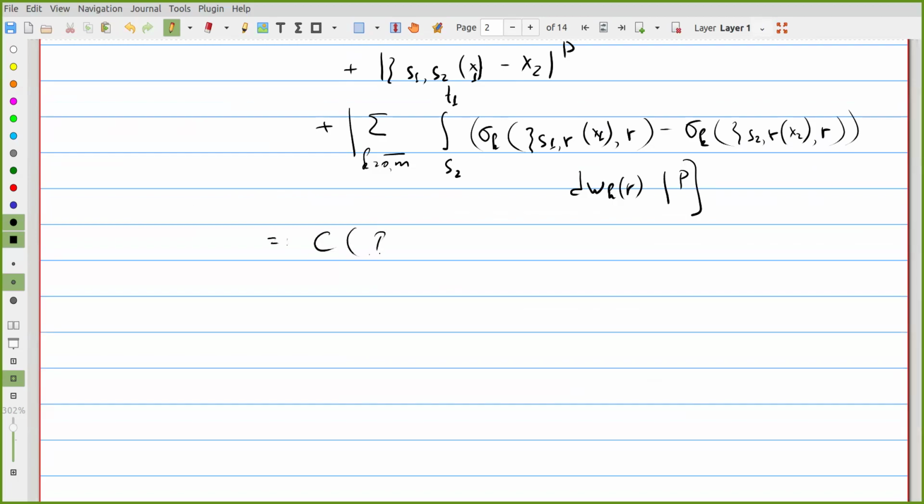So I will denote this decomposition of the estimate as the sum of three terms, and we can work with them separately.